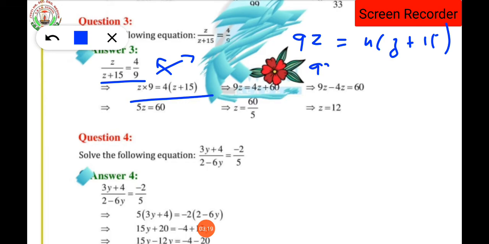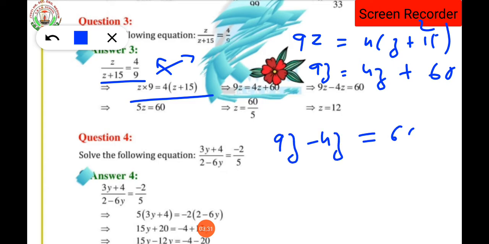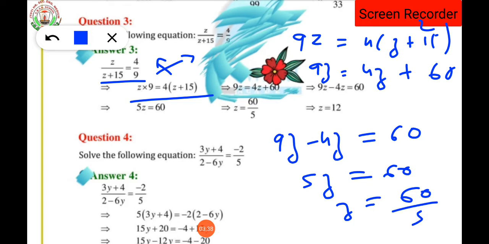So 9z is equal to 4z plus 2 0 20, 4 5 6. Here like this we will get the equation. So 9z minus 4z is equal to 60. Clear? So 5z is equal to 60. So z is equal to 60 divided by 5. So we will get the z value as 12.